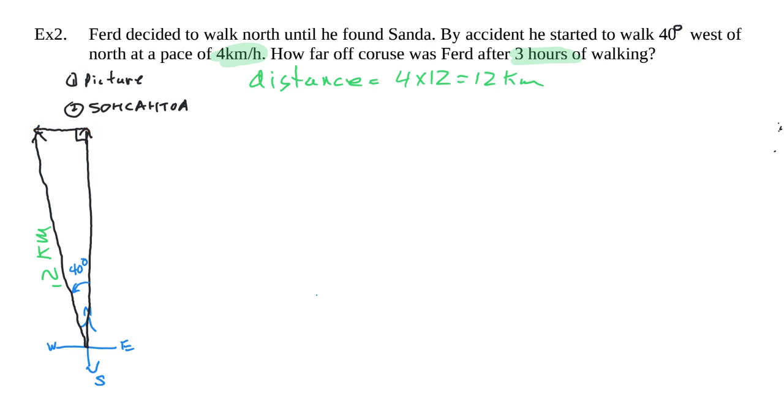Let's call this my favorite letter, X. Now, in order to find that, you've got to figure out that this part right here is our hypotenuse. So we're going to write hypotenuse there and call it a day.